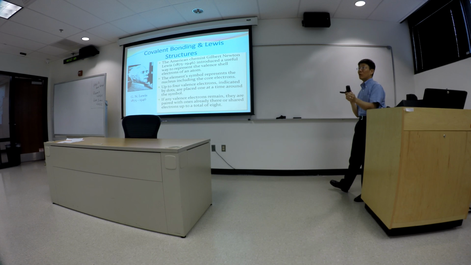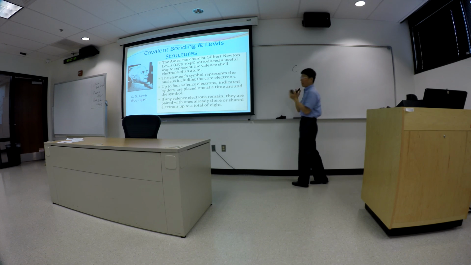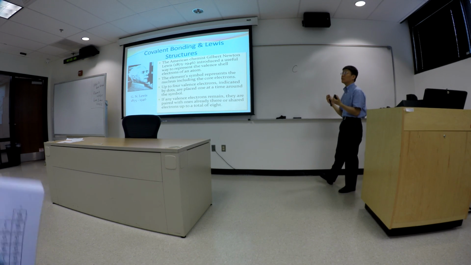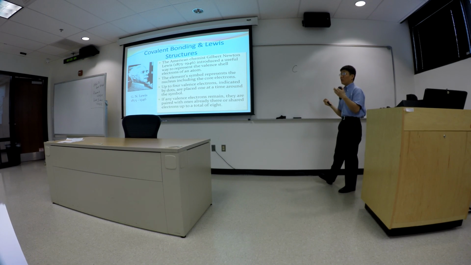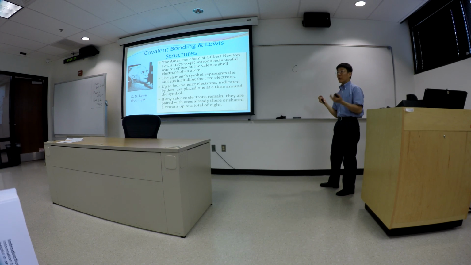So it's the nucleus and the core electrons. When you put carbon down, that letter C represents 2 of the 6 electrons, the core electrons. It also represents the total of 6 protons. Carbon is group 4A, so we have 4 valence electrons.